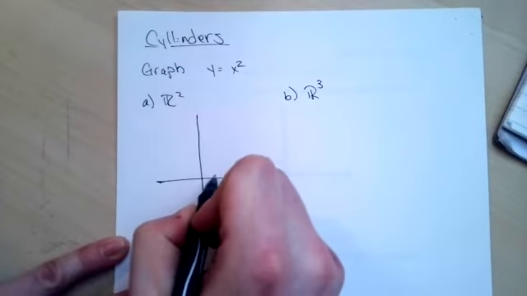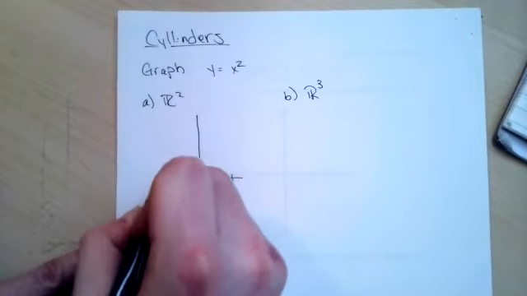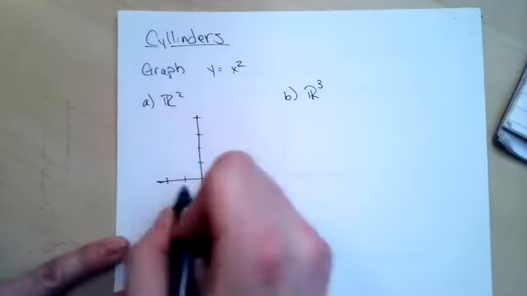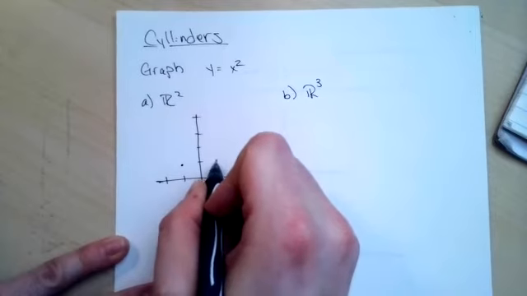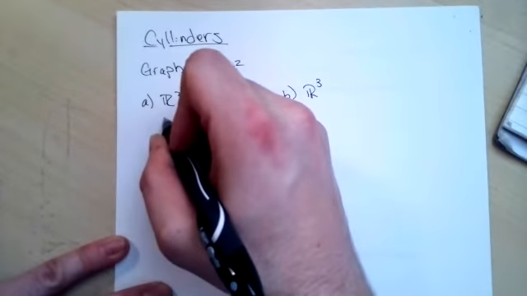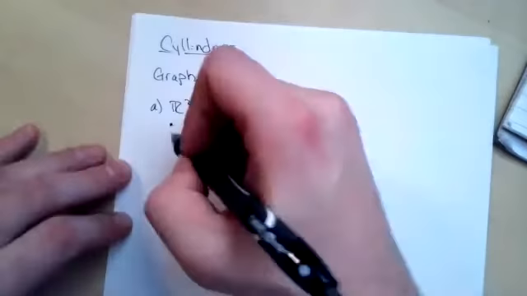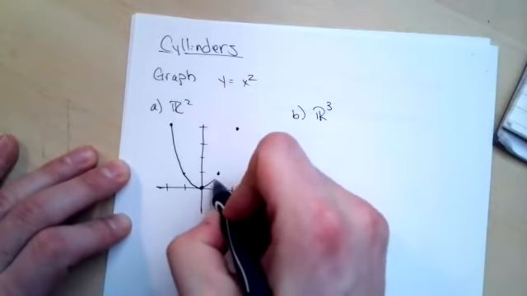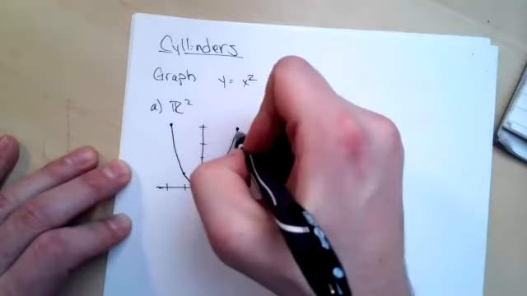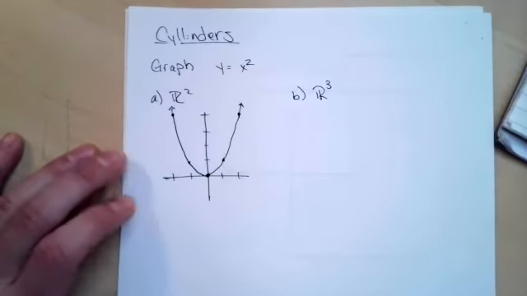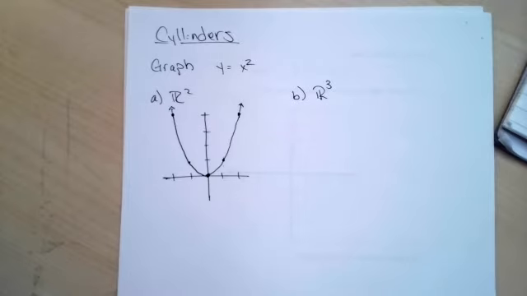We've got our standard parabola in R2. And now how are we going to graph this in R3?